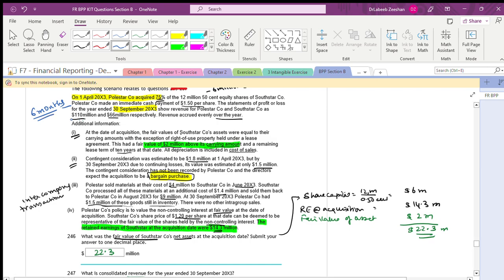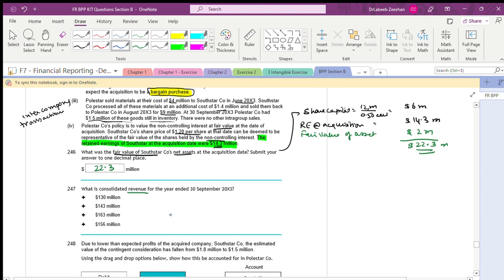Students will not see it. First you have to see the date of acquisition and the information given. We have to take the proportionate amount only, means half of 66 million.